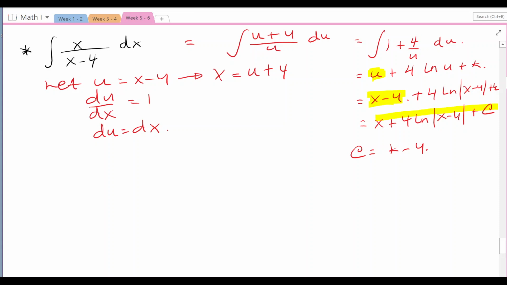So the answer is that one, with the capital C equal to k minus 4, because we have k on the right hand side here, and then minus 4 on here. Okay, so that's the answer: x plus 4 ln of x minus 4 plus c, with c being k minus 4.